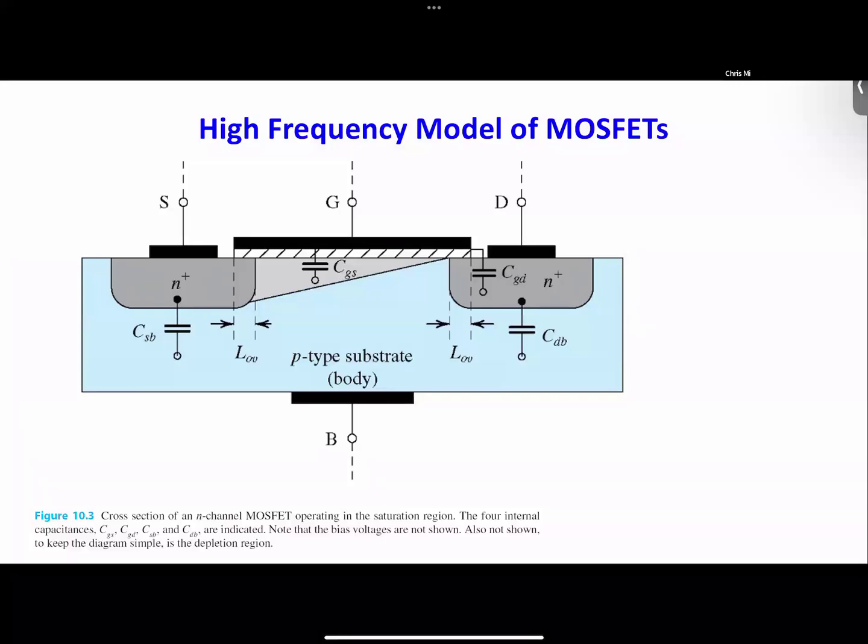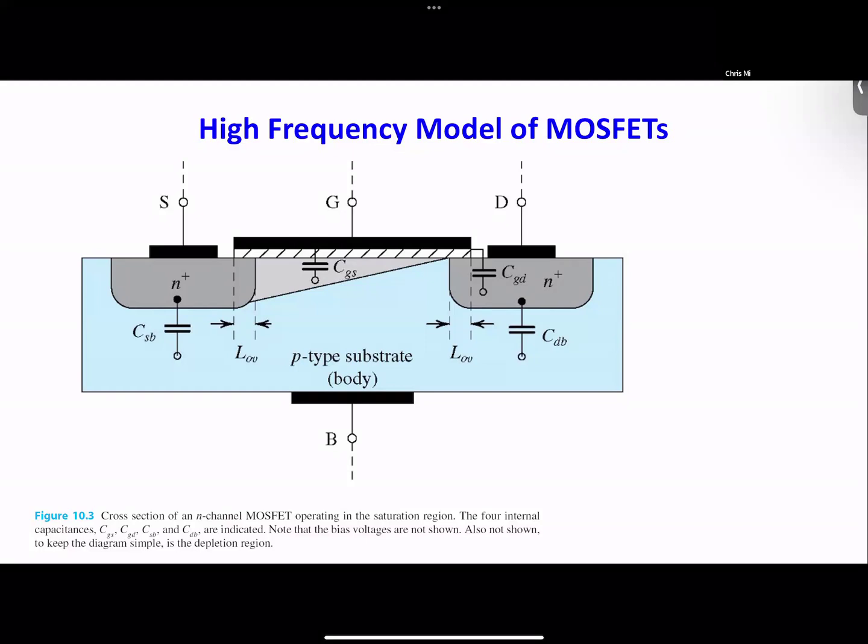Drain to body and source to body are actually symmetrical. And then you have the gate. Gate is metal. From the gate to the body, you could have a capacitance, but because this metal is closer, we have CGS instead. You might also have G to B, but because it's a little bit far, the capacitance is smaller, so we can neglect it. So we count this as CGS.